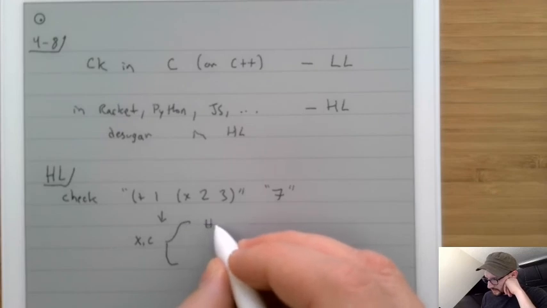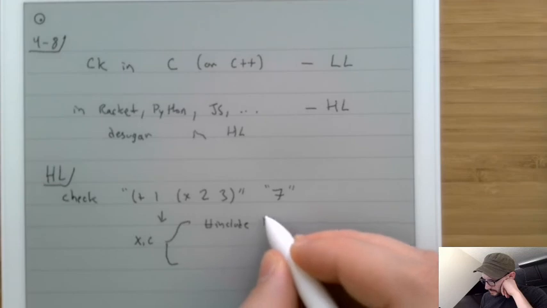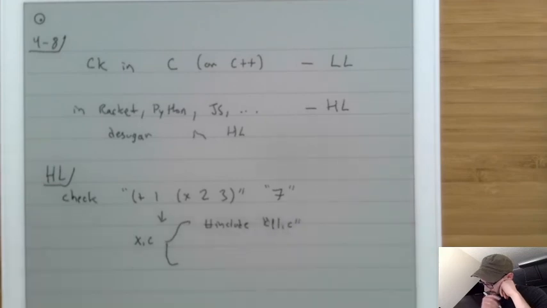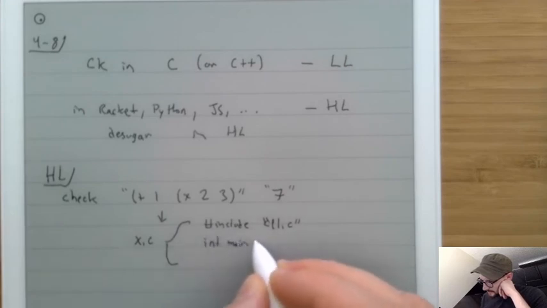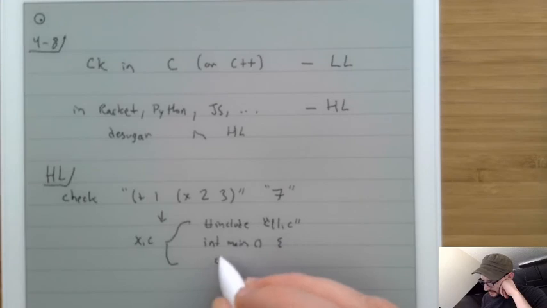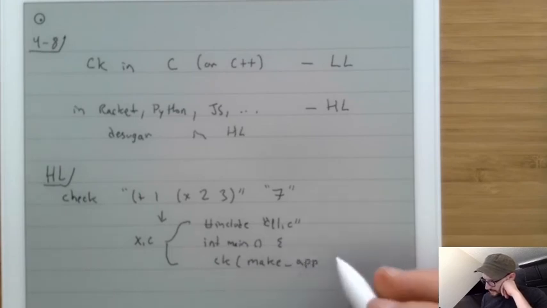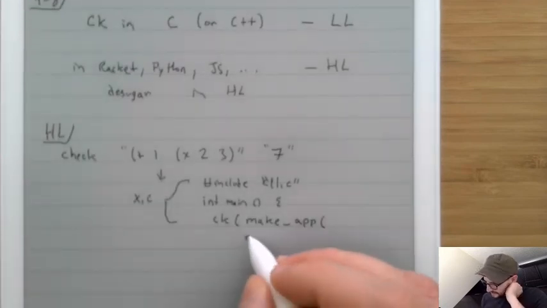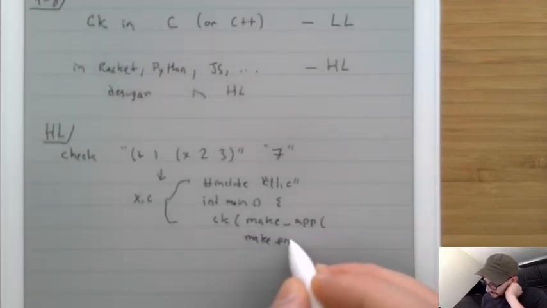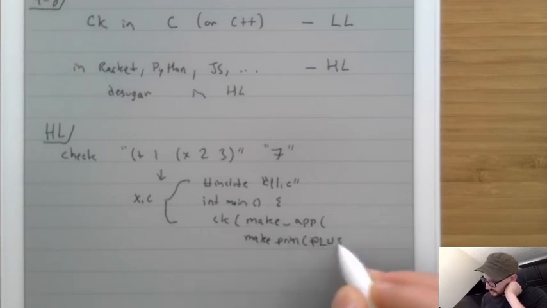It includes low-level.c. Then it says int main. Then it says ck, and then it says make app. And after make app, it says make primitive plus, which turns it into the symbol plus.